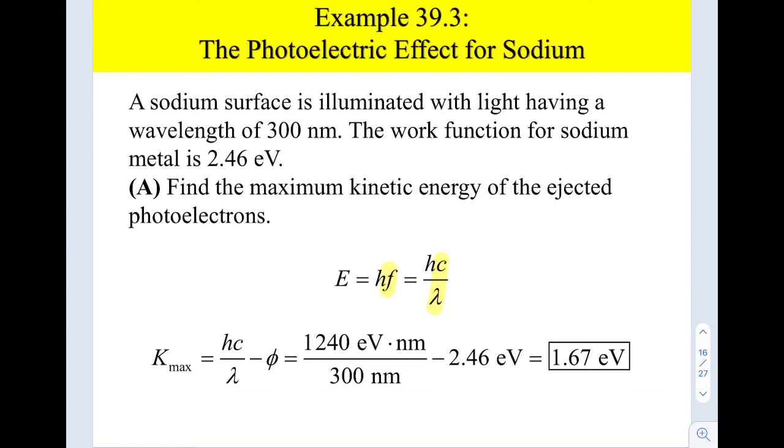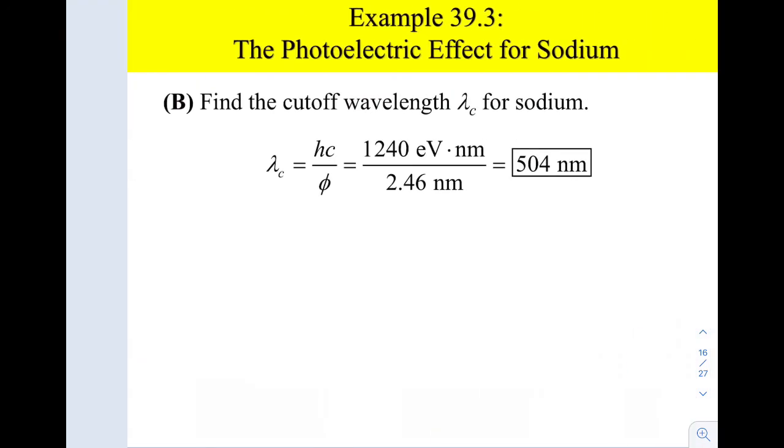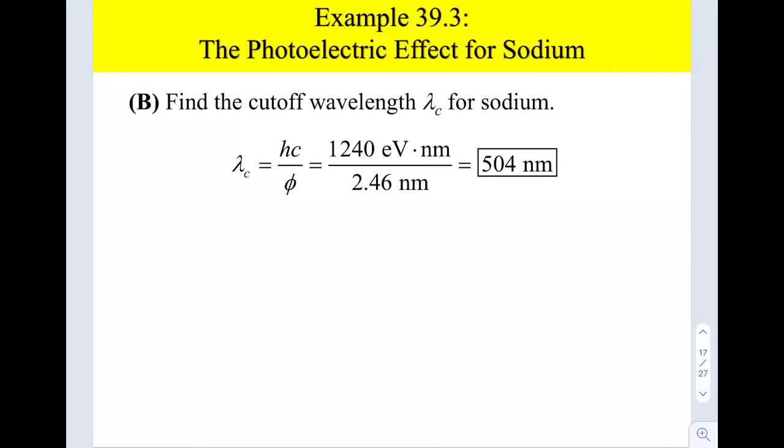Based on the formula, kinetic energy maximum is equivalent to hf minus the work function. You may substitute hf with hc over lambda, use the conversion factor of hc, and subtract the work function given here. You will get 1.67 electron volts. This is the kinetic energy maximum that the photoelectron can have.